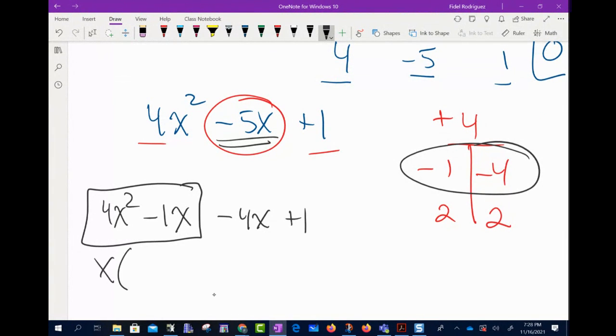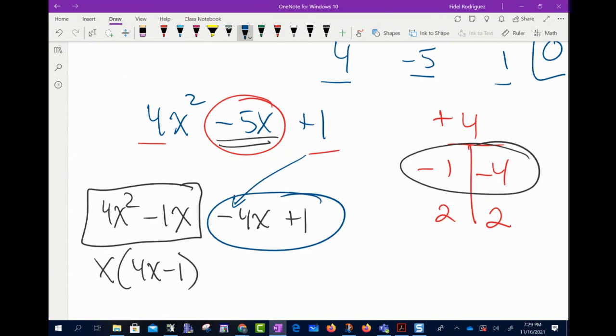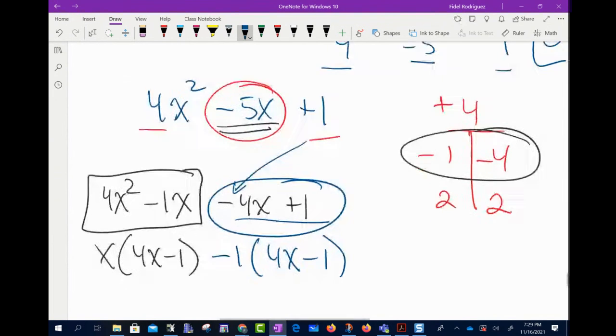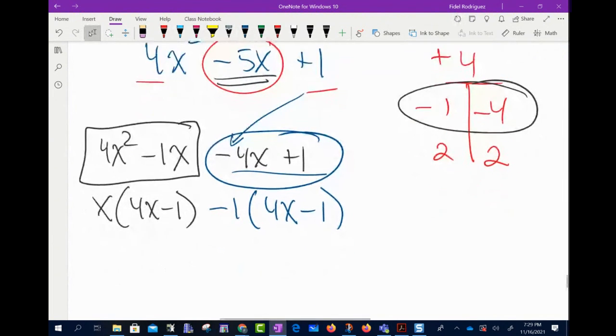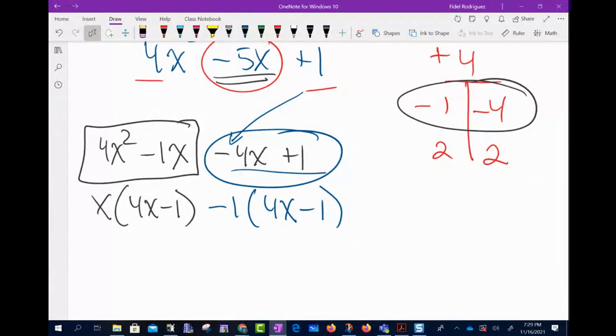We can take out an x, and now we've got a 4x minus 1. When I look at this piece, it doesn't look like I can factor anything out. But if that first piece is negative, let's take out a -1. All that does is change those signs, so instead of -4x plus 1, it becomes 4x minus 1.